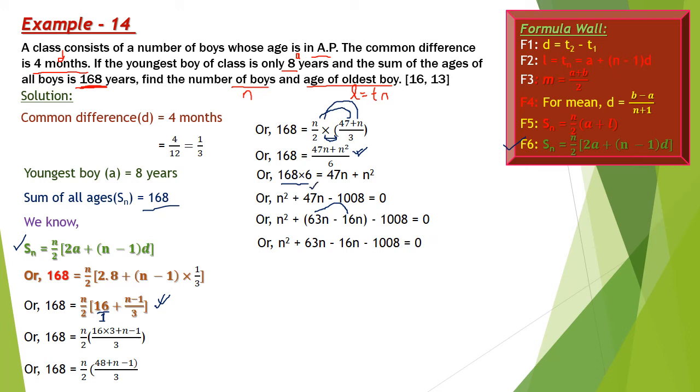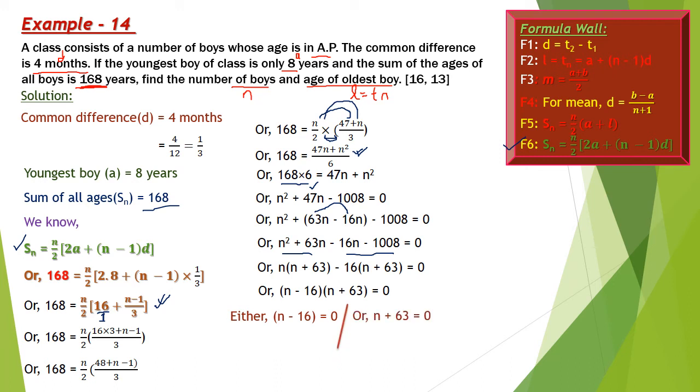Now there are 4 terms. We have to take common from the first two and last two terms. n is common, remaining is n plus 63, and 16 is common, remaining is n plus 63. So we can write n minus 16 and n plus 63 equal to 0.